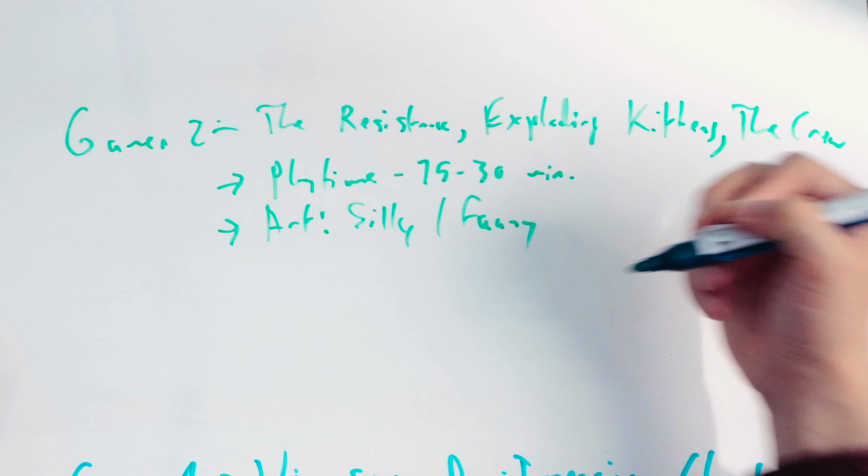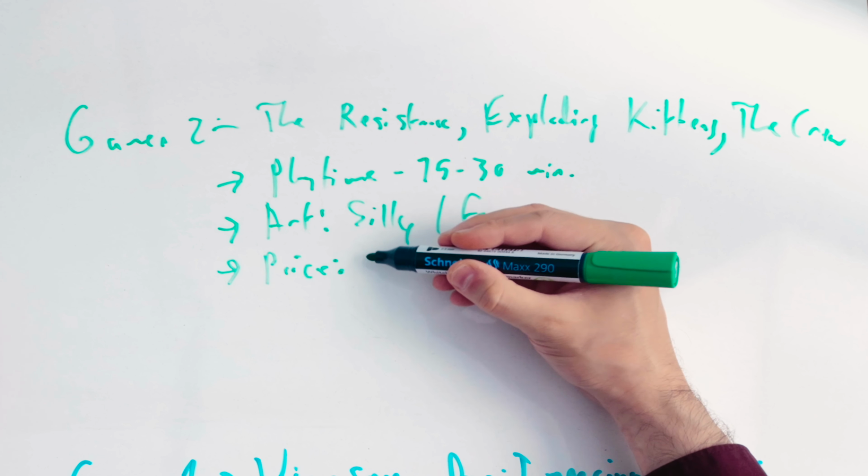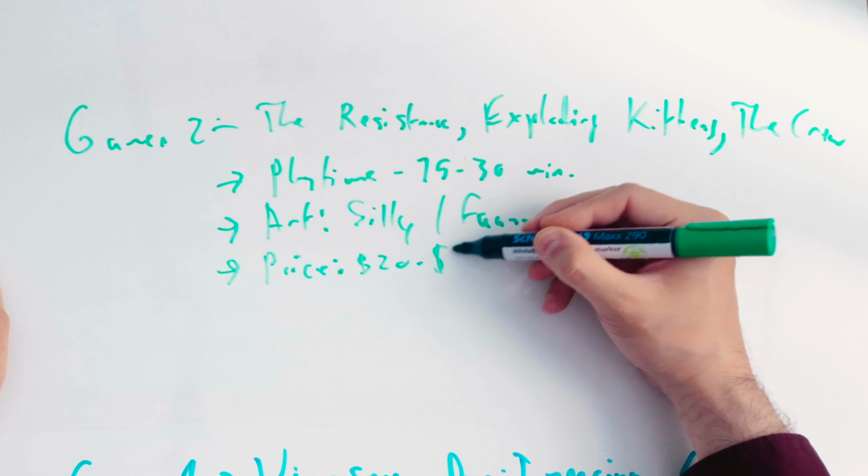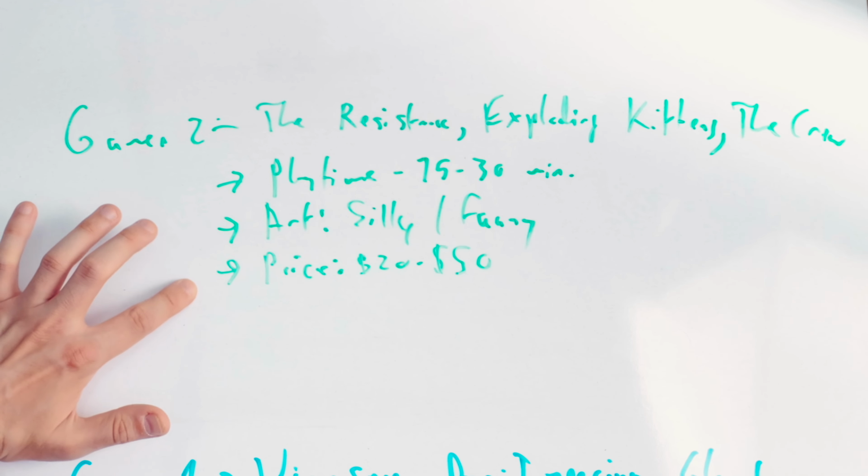The expectation can set you up for good, silly, funny art. Price. So here, you're going to be more limited on your components, probably 20 to 50 in the higher range. So you wouldn't want a lot of custom components. You wouldn't want a giant box, right?